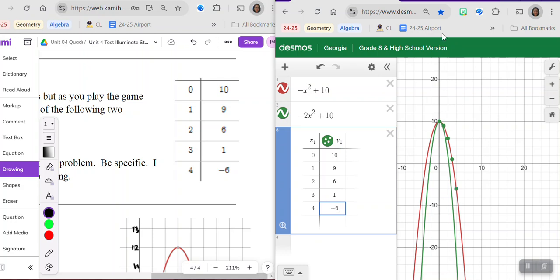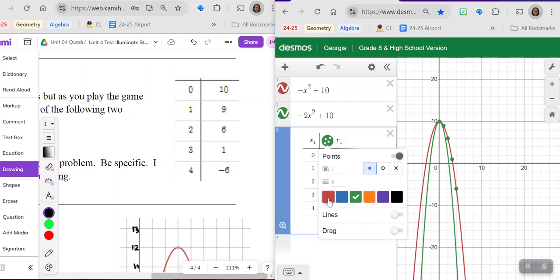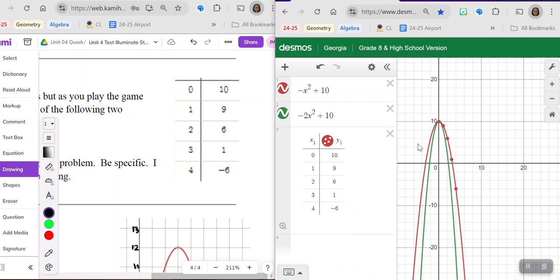As you can see, as I plotted the points, they actually land on the red one. So that's how we know that the red one, -x squared plus 10, is the one that models the table.